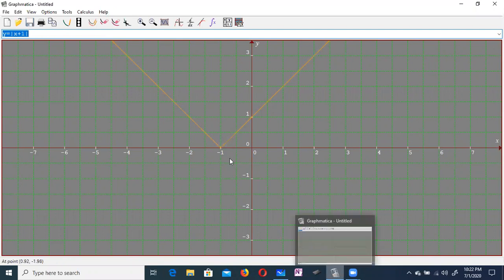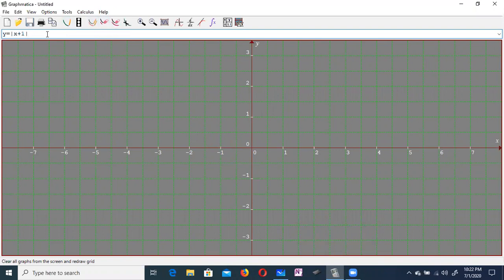Now the other one is y is equal to modulus of 6 minus 1 by 3x, that is 6 minus x divided by 3.